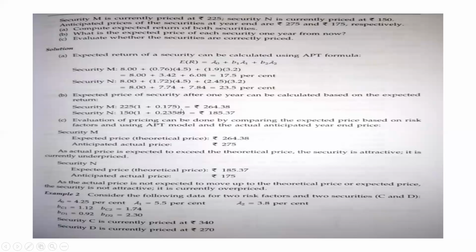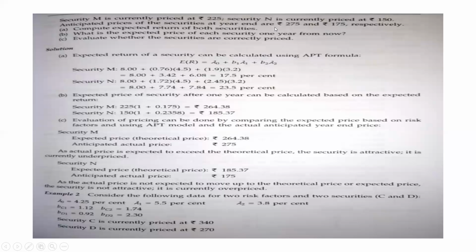Now we have to compare the expected price and the actual anticipated year-end price. That is, we are going to compare both these prices together. The expected price is 264 and the anticipated price is also given.